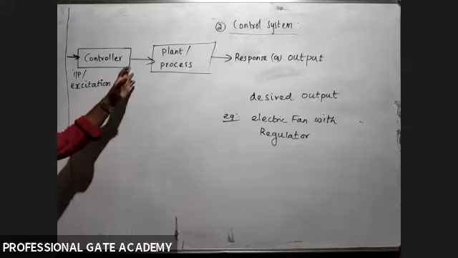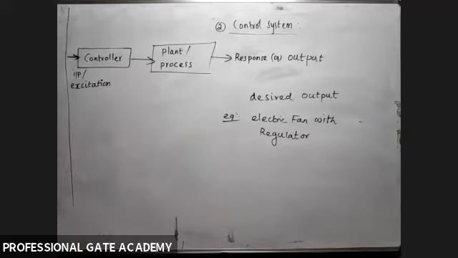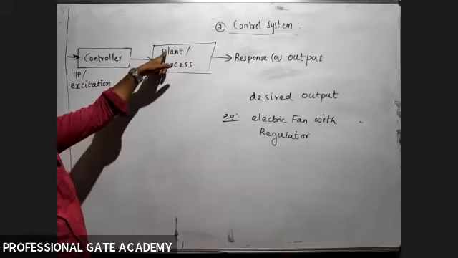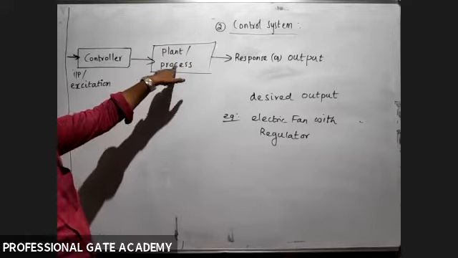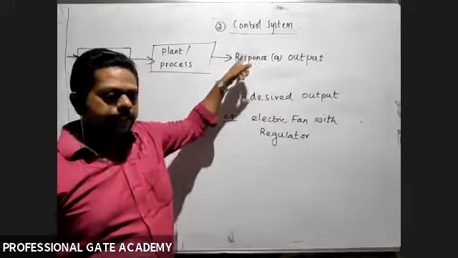So this is one of the simple block diagrams of a control system. Here input is applied, and input is also called excitation. So here is the controller, and this system is called a plant or process. So we'll get the output. That output is also called a response.